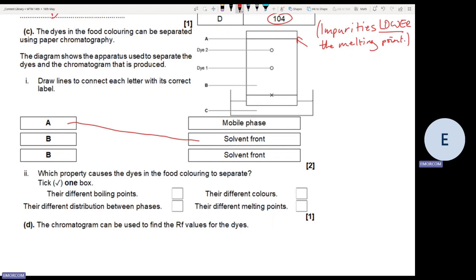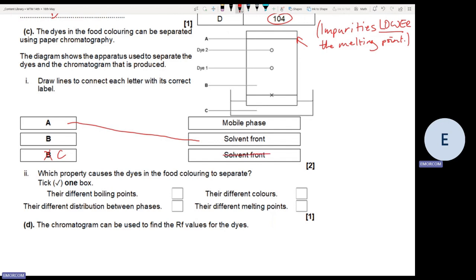There is a typo there. Can you please write in the letter C? B is pointing at, oh, I've just seen that there's two typos. That's not very helpful. B is pointing at the actual filter paper itself. That is going to be our stationary phase.